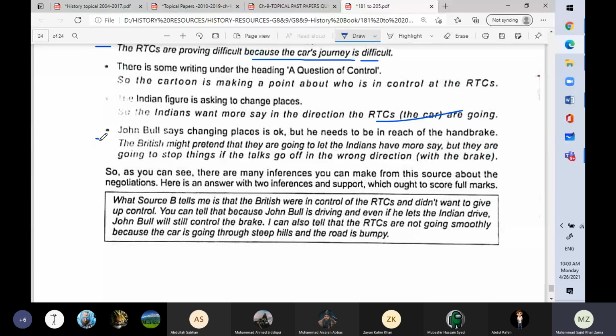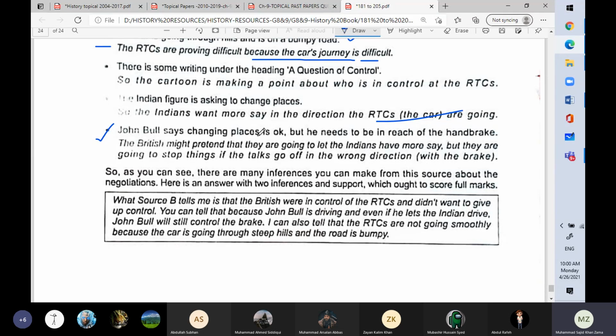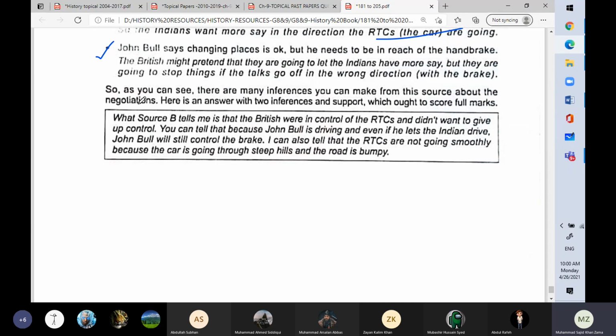So you can interpret in another way as well: the British were reluctantly willing to hand over power or give Indians more say, but they were not yet prepared to give India complete independence. Rather, they wanted to stay in control. That's what the brakes refer to. So as you can see, there are many inferences you can make from the source about the negotiation.